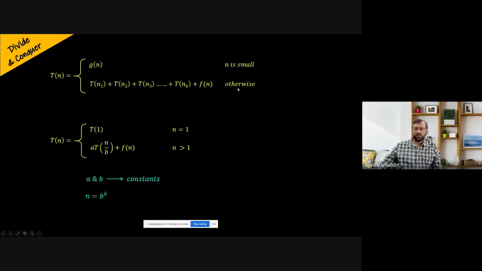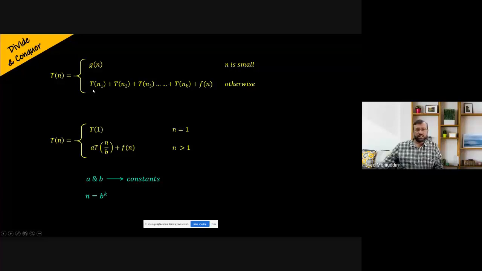Otherwise, if n is greater than 1, we try to divide n into n1, n2, n3, and we say that n1, n2, n3 are equally divided by some constant b. So each is n by b, where b is some constant.